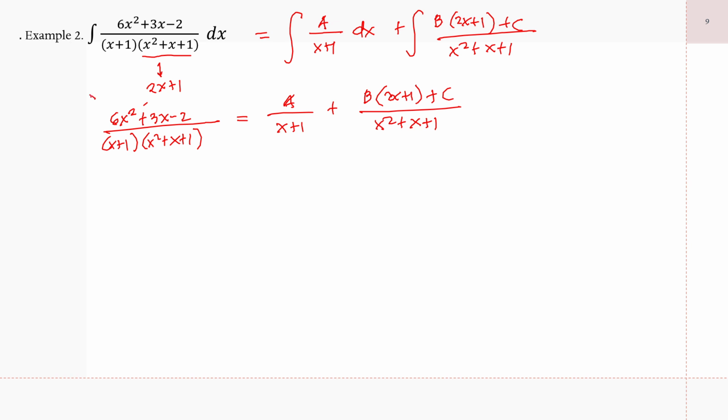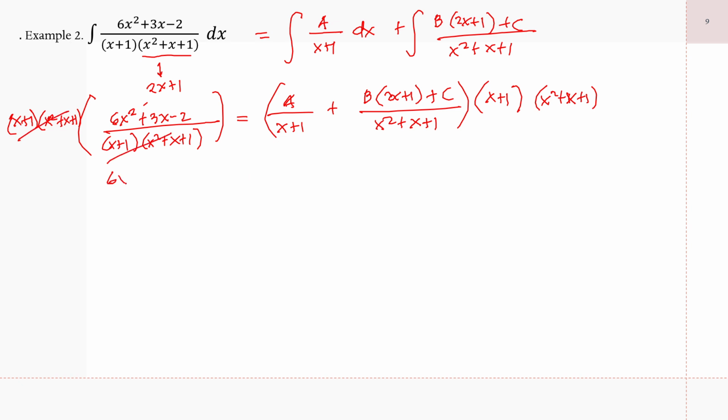So we have to multiply both sides, left and right, by x plus 1 and x squared plus x plus 1.